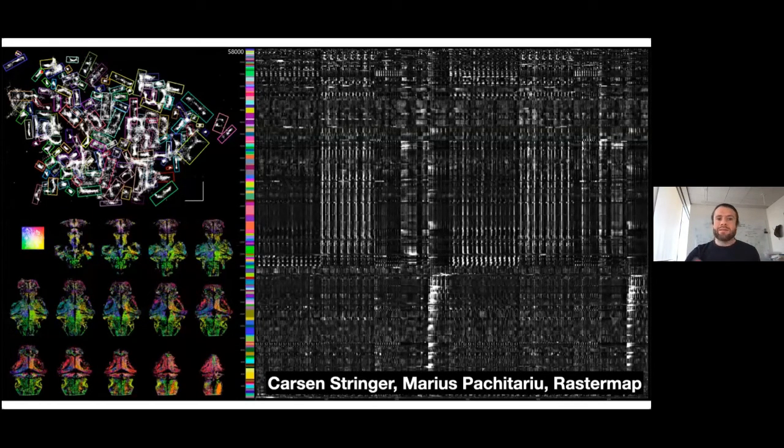So Rastermap gives you clusters, sorts the clusters, and by color coding them, you can visualize, as before, the different patterns of activity across the brain. And so again, typically you get multiple representations, right? All of these things represent brain activity over time, but in different ways.